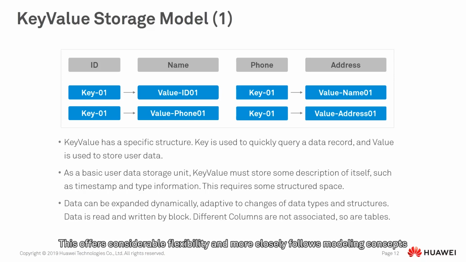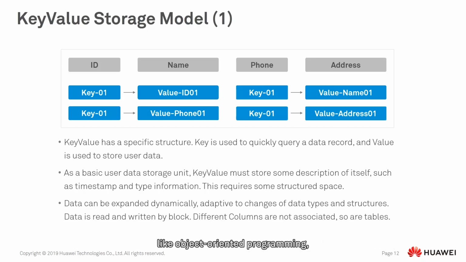This offers considerable flexibility and more closely follows modern concepts like object-oriented programming. Because optional values are not represented by placeholders as in most RDBs, key value storage often uses far less memory to store the same database, which can lead to large performance gains in certain workloads.